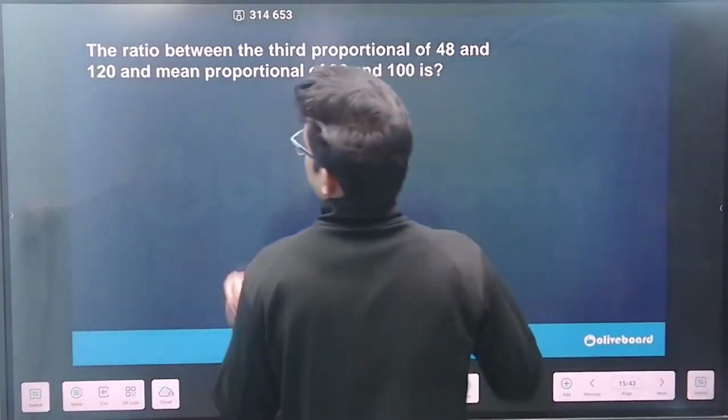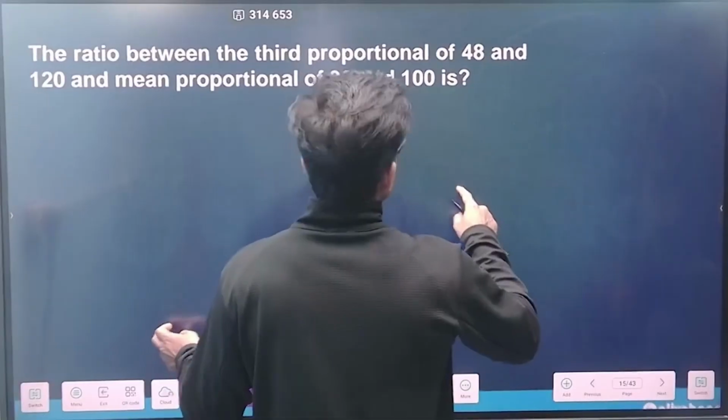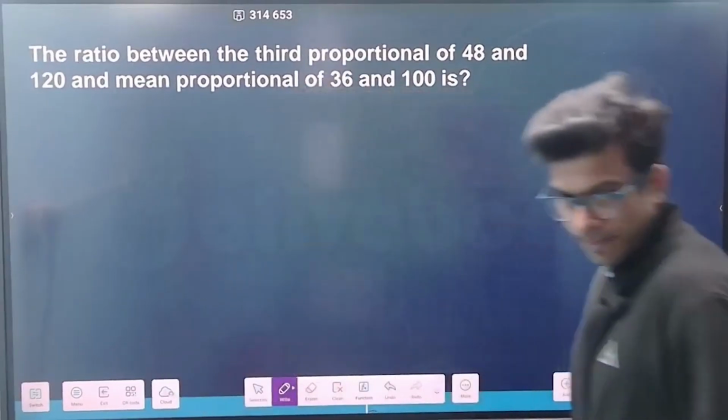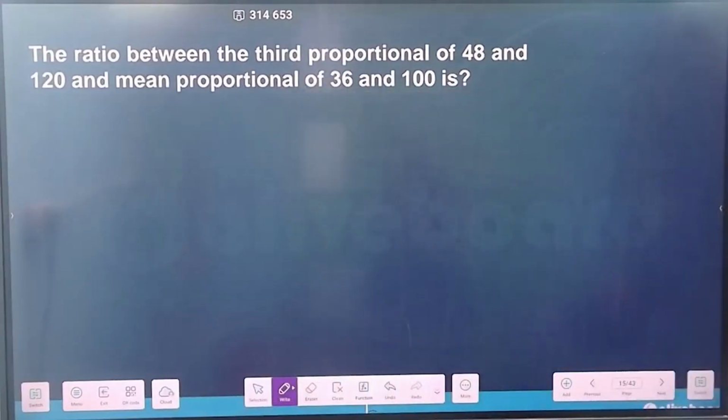Okay, so we are coming to the next question. We'll solve the next question. Can you solve this?